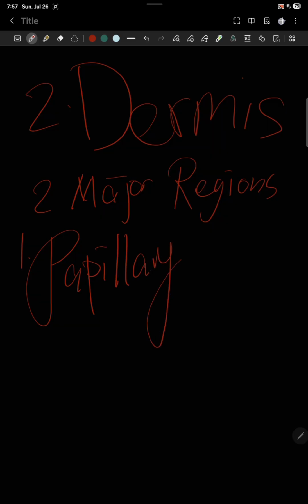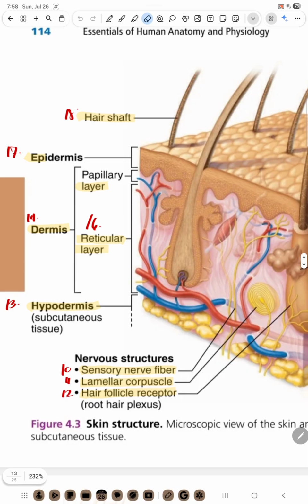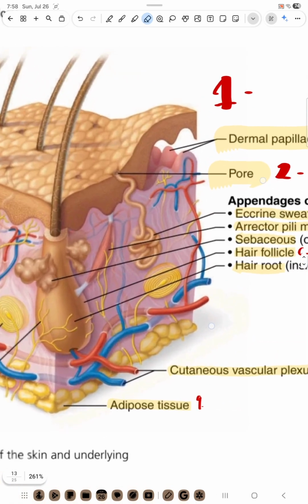I will show. So, here is the papillary layer. So, papillary layer is uneven, no? It has peg-like projections from its superior surface here called dermal papillae. Okay, so mao ni siya si dermal papillae.